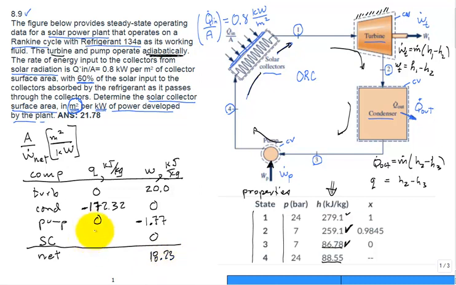We can come over here to the solar collector, and we just have the enthalpy coming in and the enthalpy going out. So there's a gain of 190.55. Leave it as a positive, a gain. Do the sum in this column, and we find that we get 18.23.